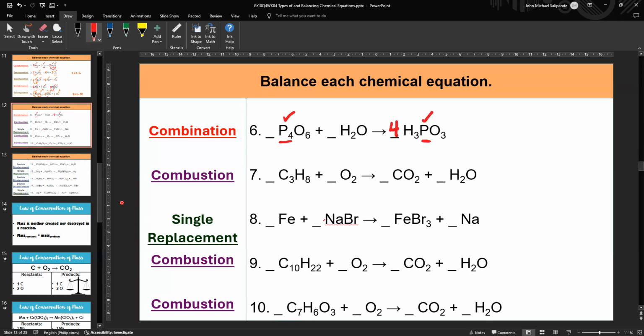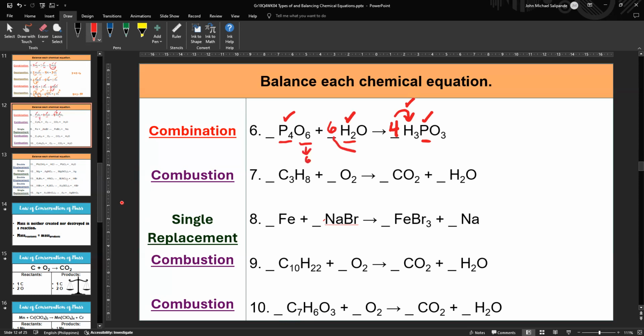Next, as a consequence of writing 4 on the product side, there are now 12 hydrogen atoms on the product side. And there's only 2 on the reactant side. So to make the reactant side contain 12 hydrogen atoms, we have to multiply water by 6. And with that, hydrogen atoms are now balanced. How about oxygen? The oxygen, you have 6 atoms here.